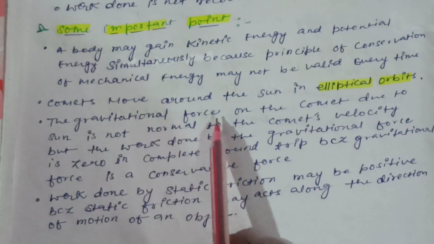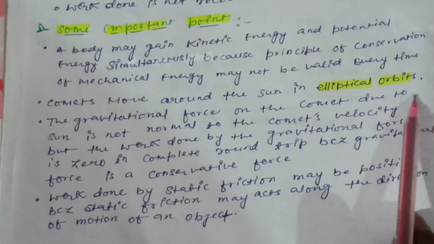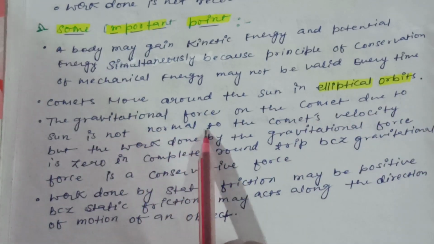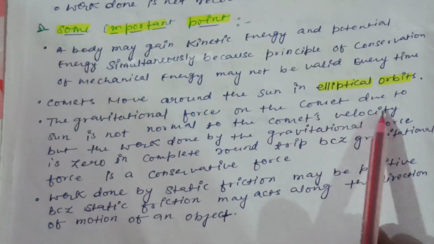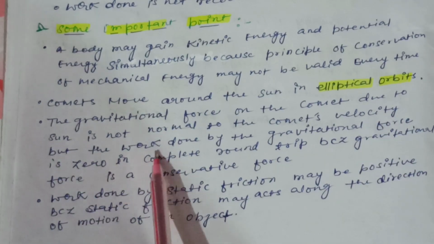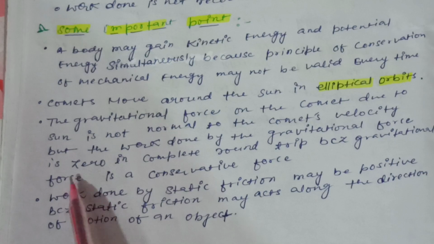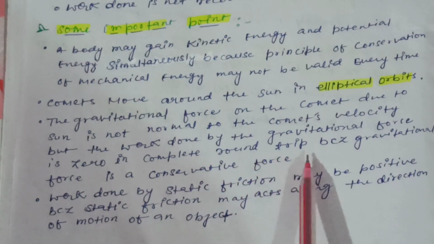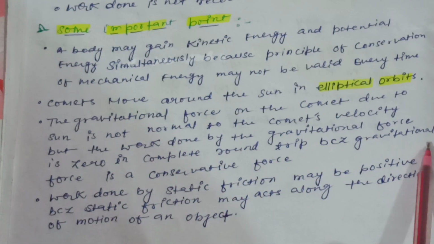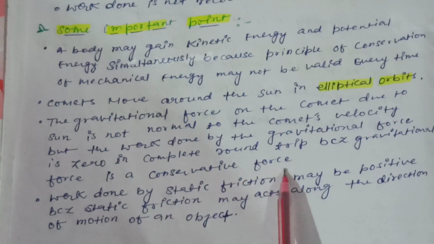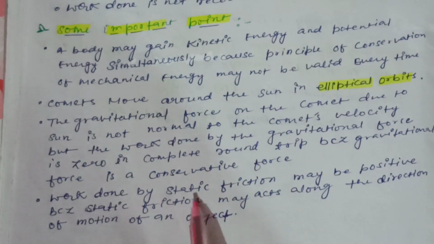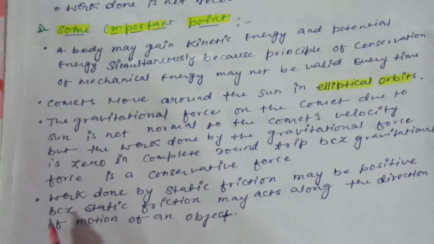The gravitational force on the comet due to the sun is not normal to the comet's velocity, but the work done by the gravitational force is 0 in the complete round trip because gravitational force is a conservative force. Work done by static friction may be positive because static friction may act along the direction of motion of an object.